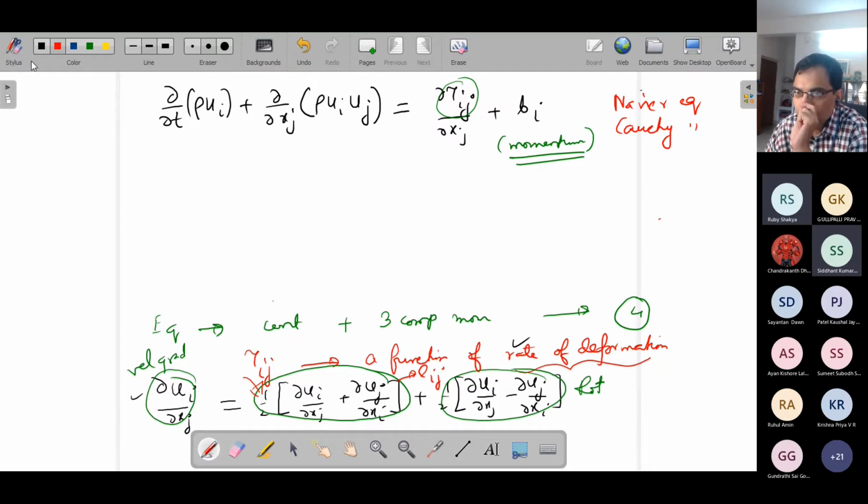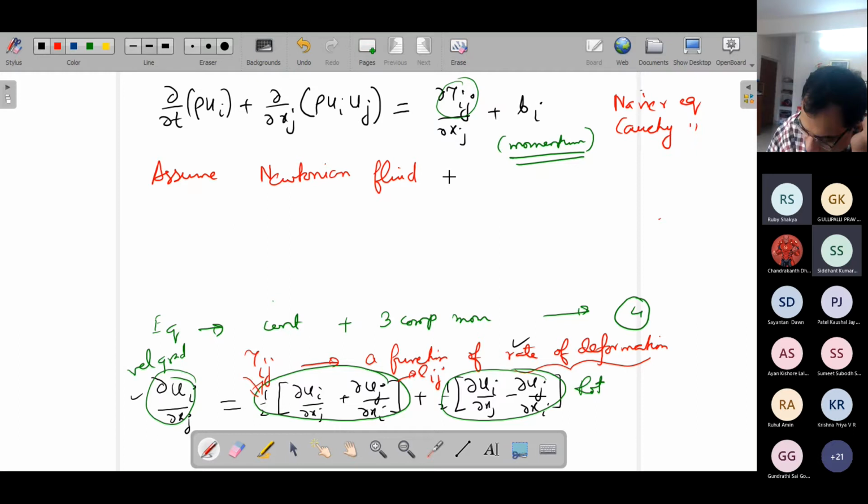That means we assume a Newtonian fluid. So a Newtonian fluid, in the most general sense, will have tau, if we call it a tensor, we sometimes give these two lines at the top, as a linear function of the rate of deformation.